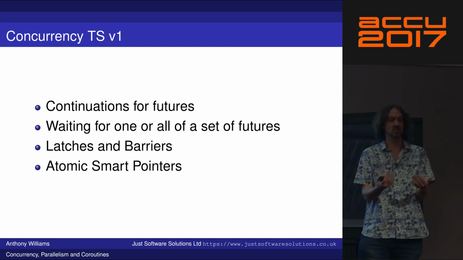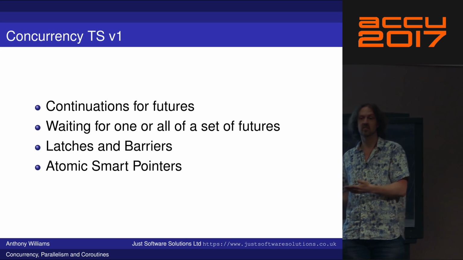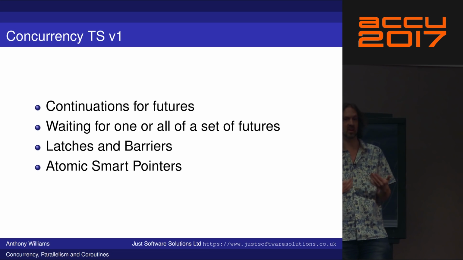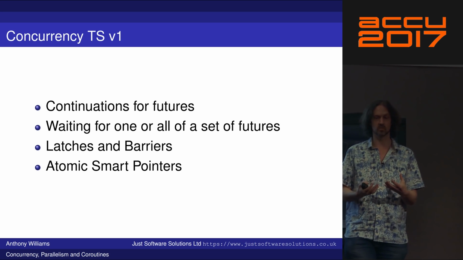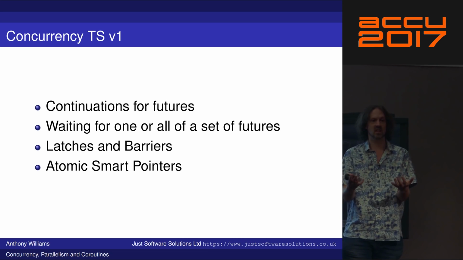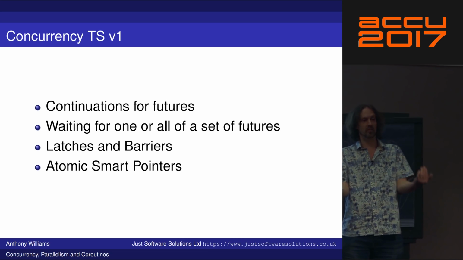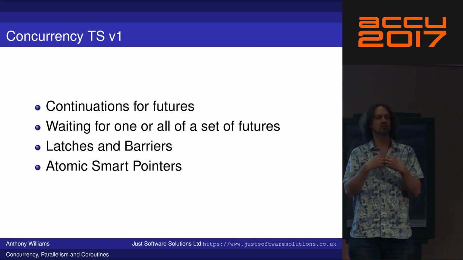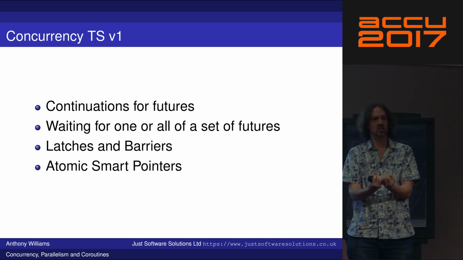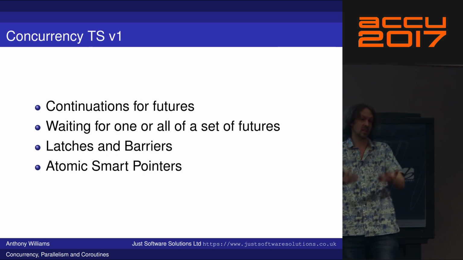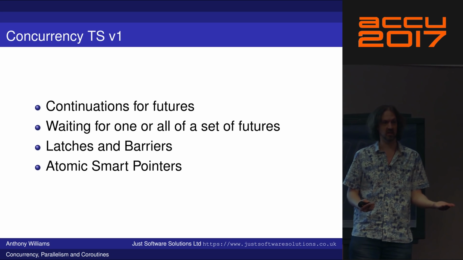So the latch is a one-time state for setting up. A barrier is similar. The barrier class is very similar, but it's a reusable thing. So you have a set of threads, and they all wait on the barrier, and when all of them get there, then they're all released. And then it resets the barrier at that point, so that now every thread has to wait again. So that's great for loops, whereas a latch is a one-time thing.